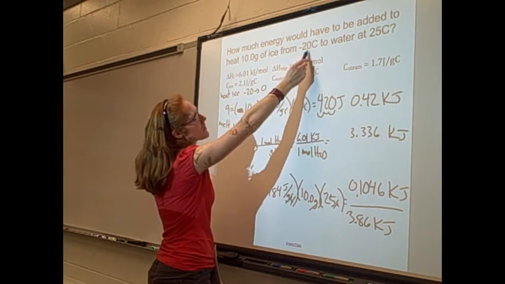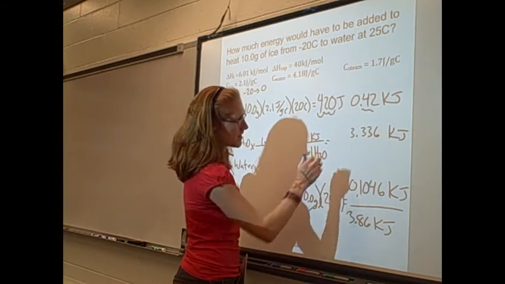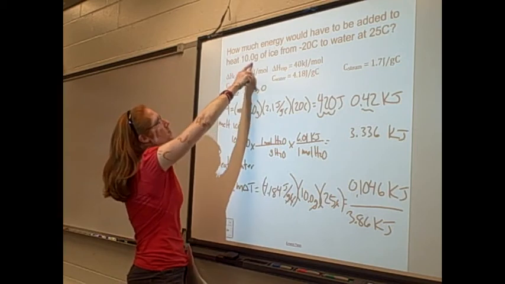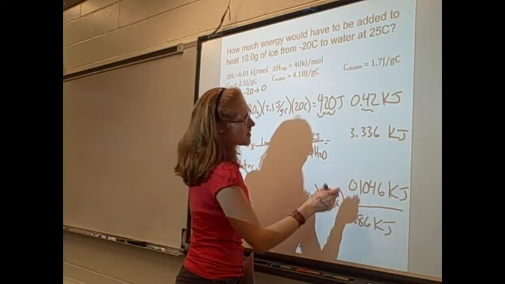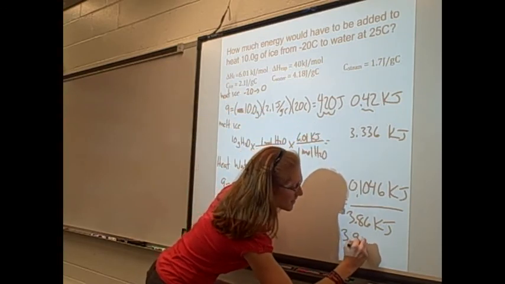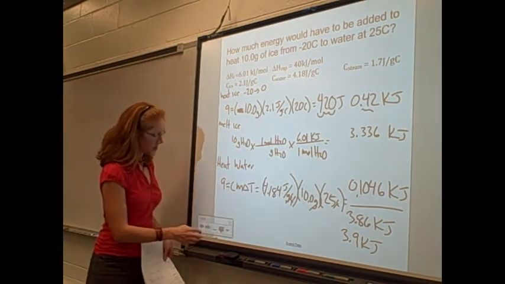Oh no, I only have 1. Oops. So I know everything to the tenths place. Let's see if I have 2 sig figs in the second part. Temperature doesn't limit me in the second part, this does. So I know everything to the tenths place. So I'm going to round this to 3.9 kilojoules. Okay. So that is changes of state.